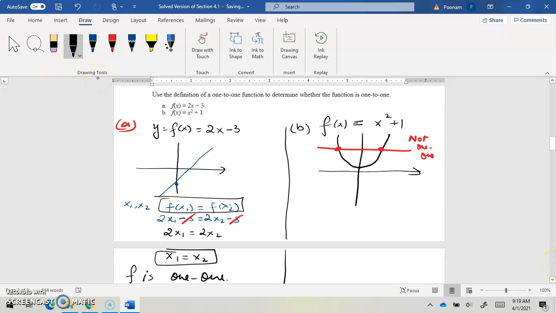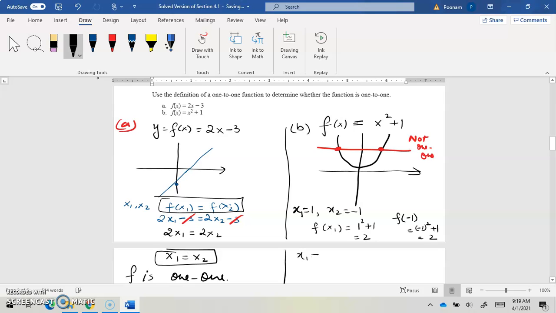Let's say I take x1 to be 1 and x2 to be -1. I'm taking two different points. So f of 1 is 1 square plus 1, which is 2, f of -1 will be -1 square plus 1, which will be again 2.